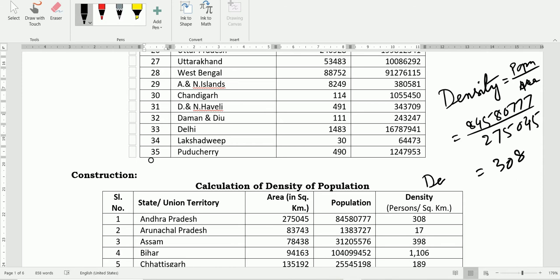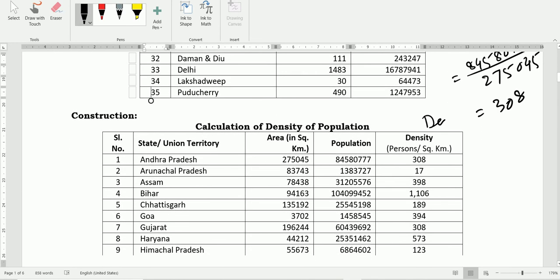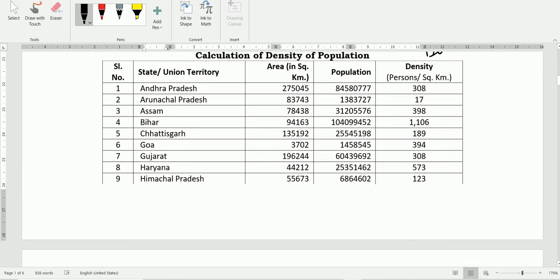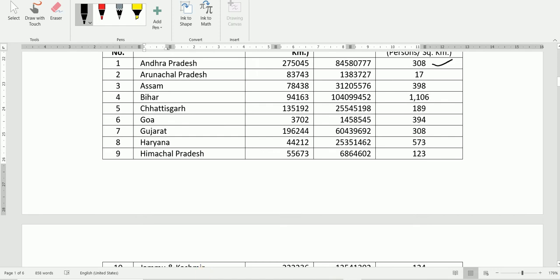So in this way, we need to calculate the density of population for every state and union territory of India. See here, I have already calculated the density.